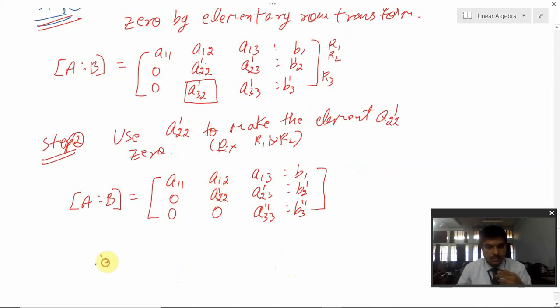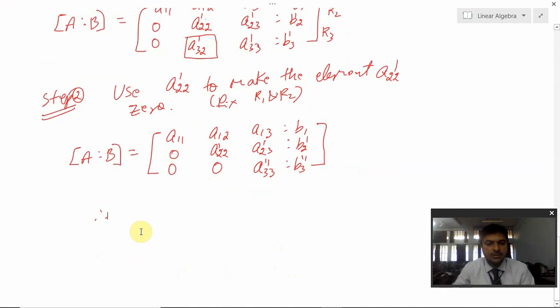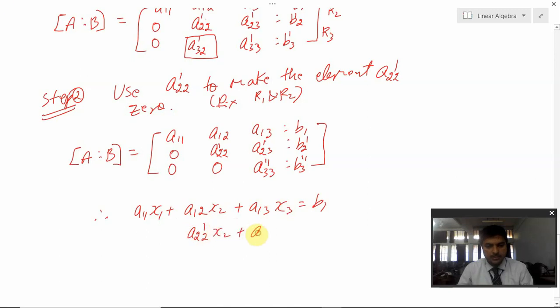Therefore, rewrite this in the form of equations. We will get A11 x1 plus A12 x2 plus A13 x3 is equal to B1. Then A22 dash x2 plus A23 dash x3 is equal to B2 dash.